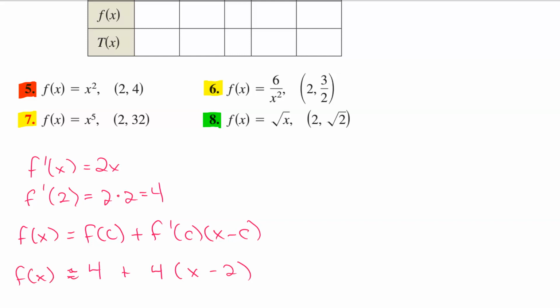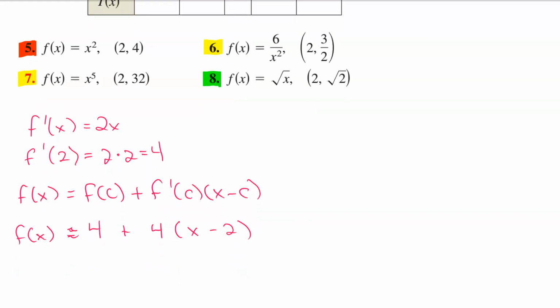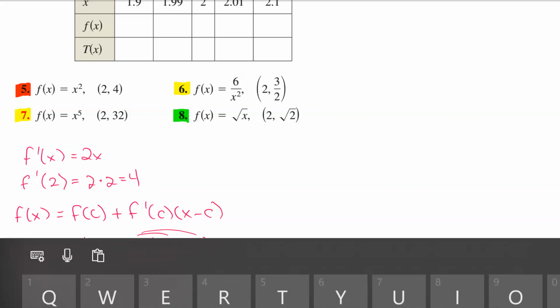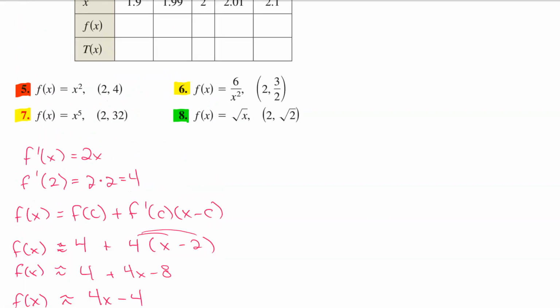So we got f of x is going to be about 4 plus 4 times x minus 2. This is going to be 4x minus 8 plus 4, so 4x minus 4. So this is our tangent line approximation. And then you're going to use it to complete the table above. So we plug in those values into this approximation.